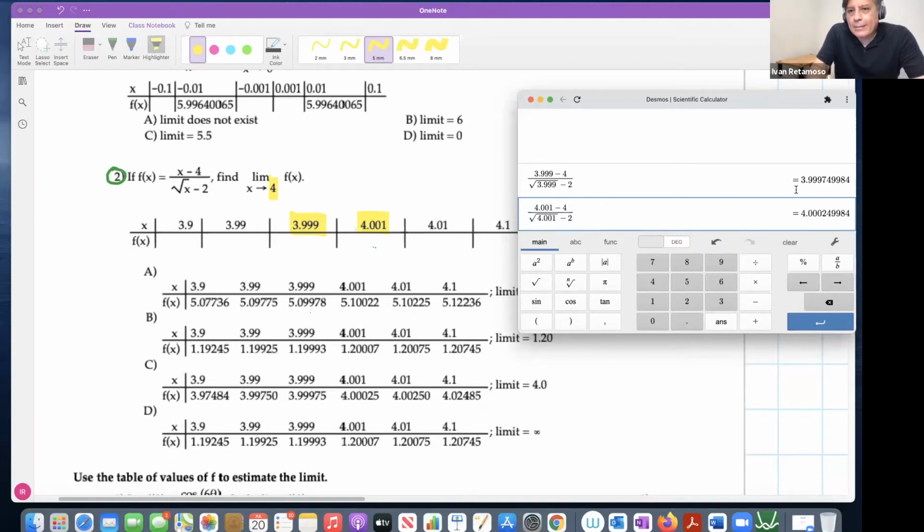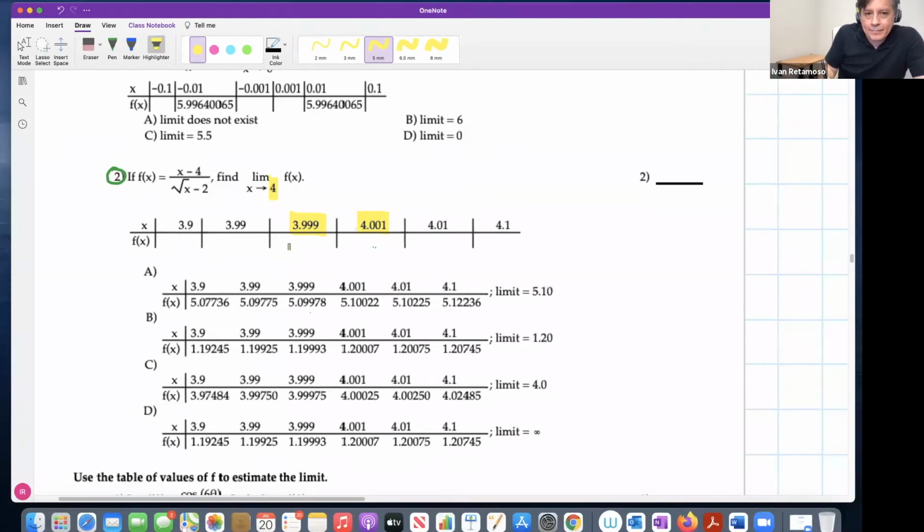Yeah, but I just look at these two results, right? This guy goes here, this guy goes here. Let's write them down. And then let's make our decision, right? This guy, when evaluated, is giving me 3.99975 rounded.